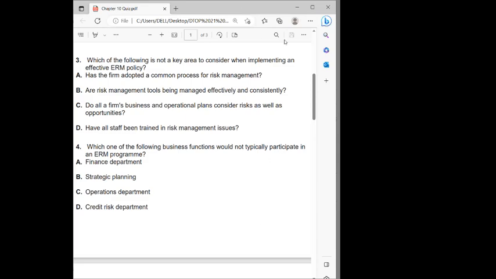Wow. There's a battle between C and D. So again, read the question. Which of the following is not a key area to consider when implementing an effective ERM policy.